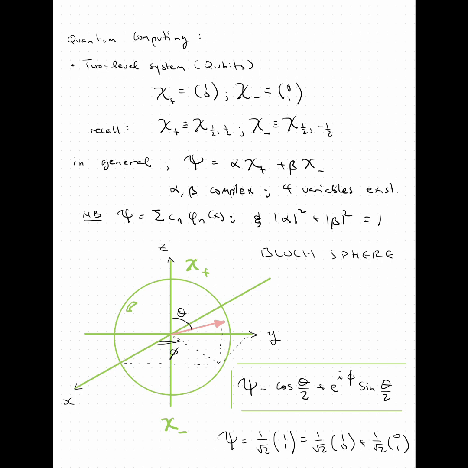Okay, another example of manipulating spin states. We talked about it a little bit before. It has to do with entanglement.